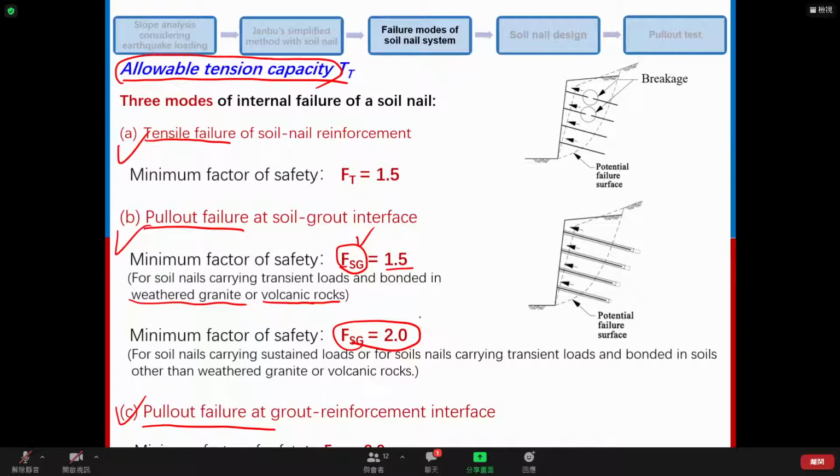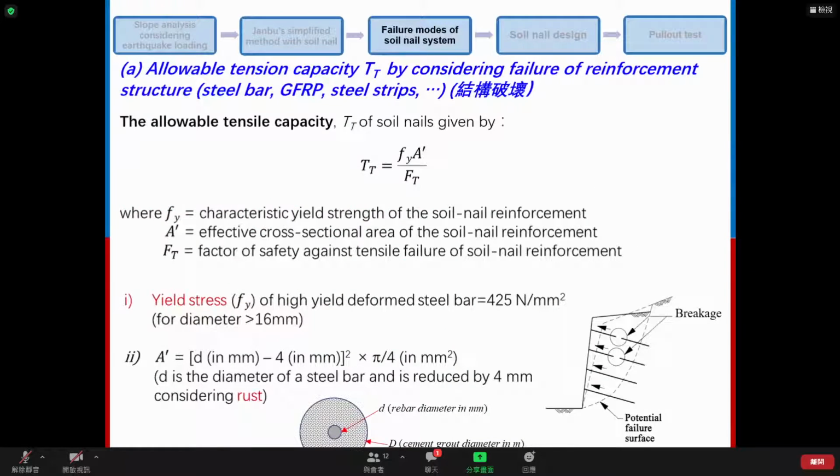So we can say that in order to design on the safe side, for the soil nail bonded in the soil material, we need to use a higher factor of safety. You see, right? For the first one, the allowable tensile capacity is due to the breakage of the reinforcement.